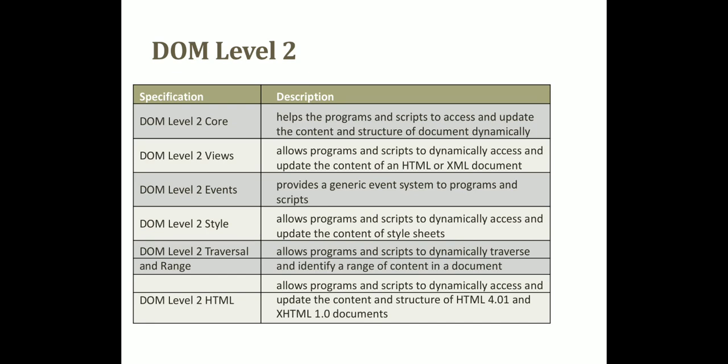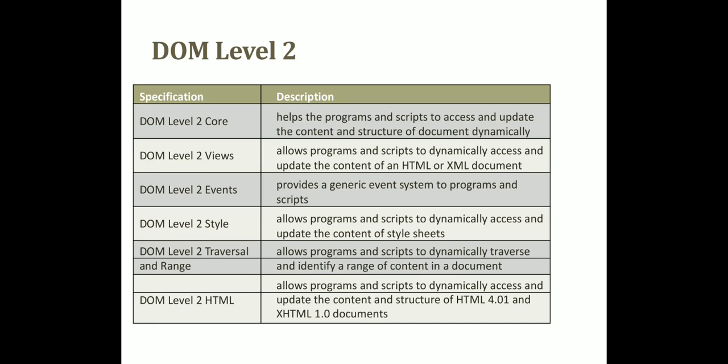Then the traversal and range, that is the fifth part. There are two parts in this also. The traversal allows programs and scripts to dynamically traverse, whereas the range identifies a range of content in a document, and also allows programs and scripts to dynamically access it.